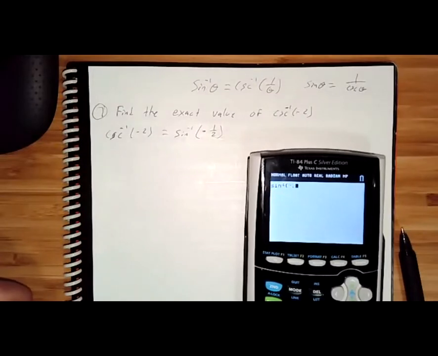Okay, so negative 0.5 will be in radians.